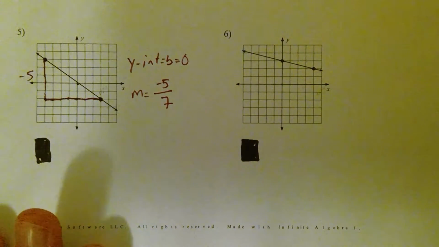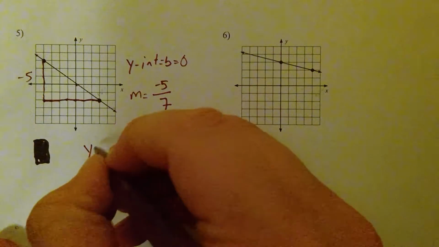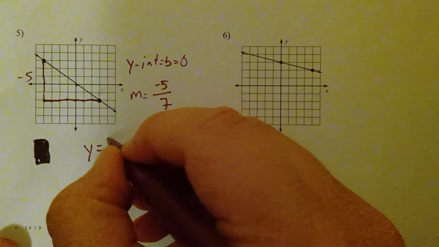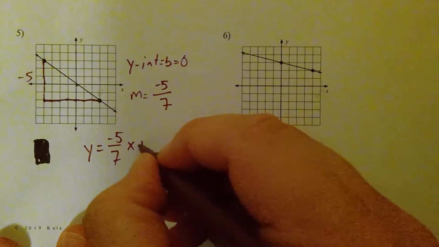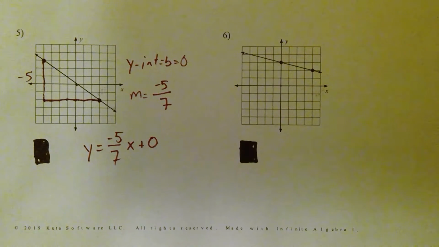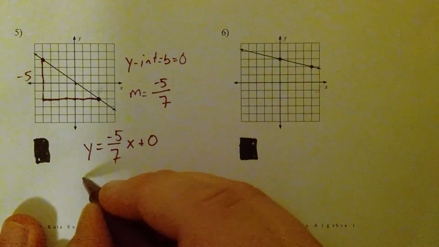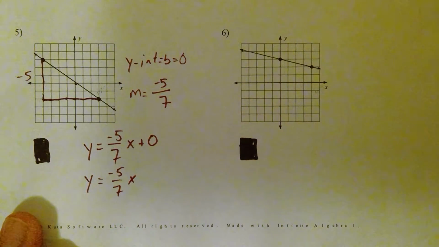Negative 5 over 7. Okay, so we go and write our equation. So y equals mx. So m is negative 5 over 7x plus 0. And actually, it's not quite 0, but we're going to call it 0 for our purposes. So you could also write that as y equals negative 5 over 7x.